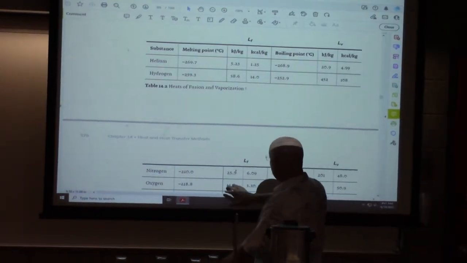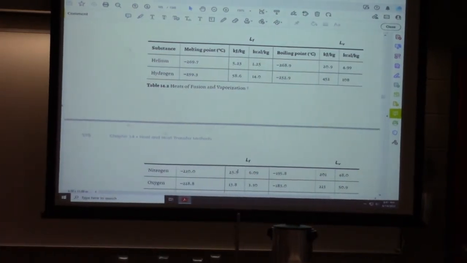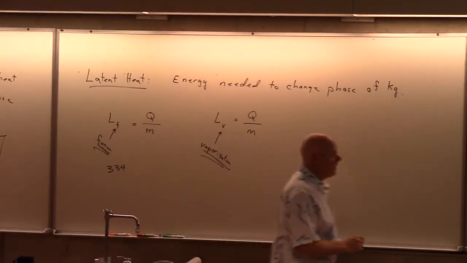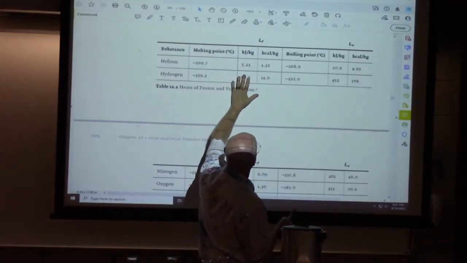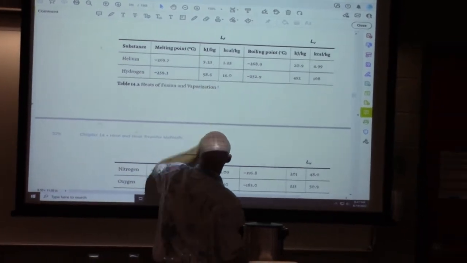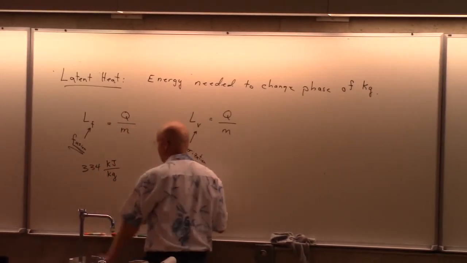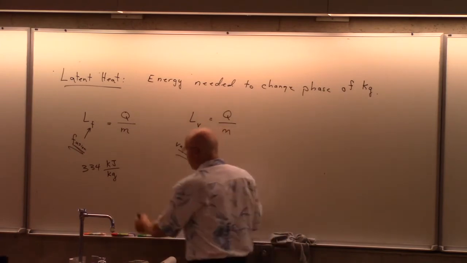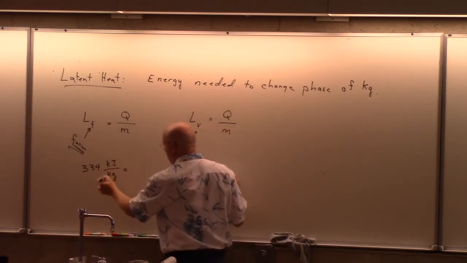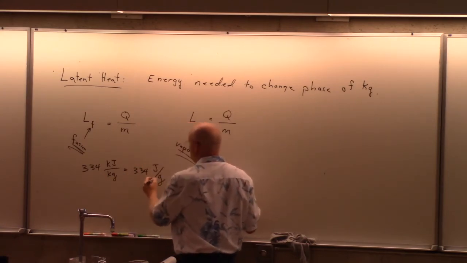But it was 334, and we have two columns. That's because we can think of it in joules or kilojoules per kilogram or kilocalories per kilogram. So here he writes it as 334 kilojoules per kilogram. I kind of like that because you can easily cancel off the kilo and you get joules per gram.